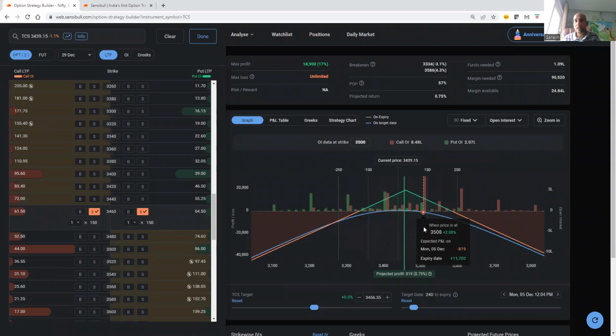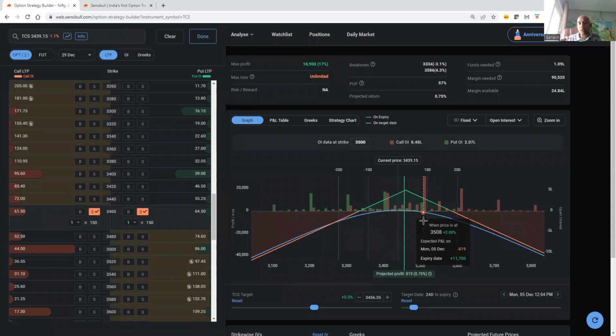What is my value? Here, yeah, Monday, that's the value showing there, expected is -819. Minus 819 is what the strategy will give you on that day. That is called the blue line.